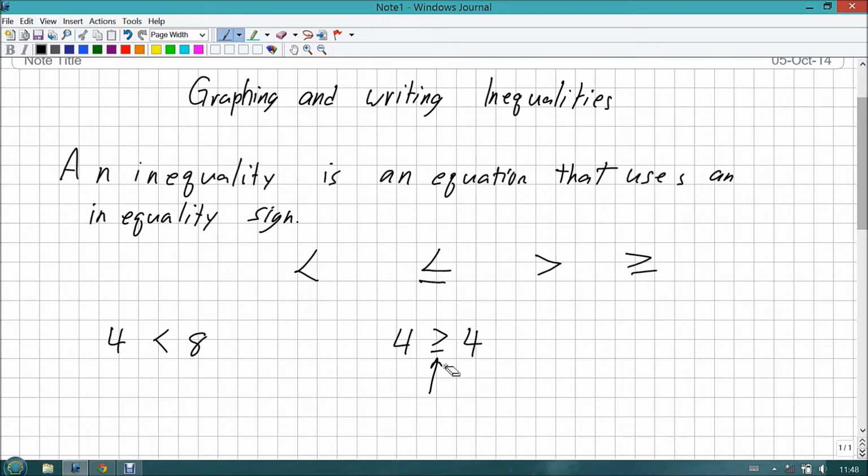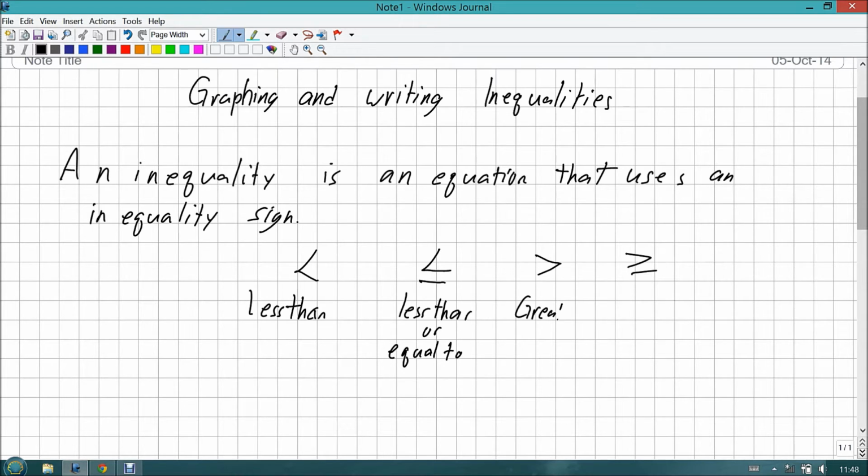So let's go ahead and label these guys as less than or equal to, greater than, and the last one would be greater than or equal to.